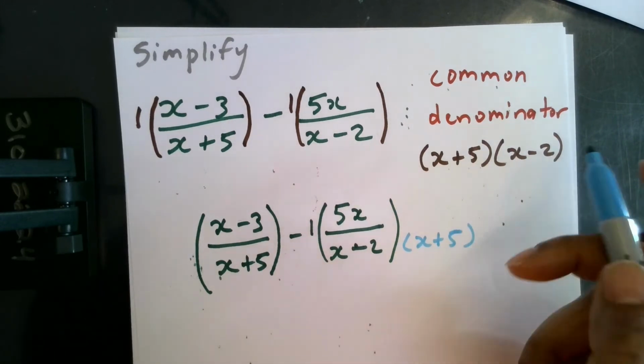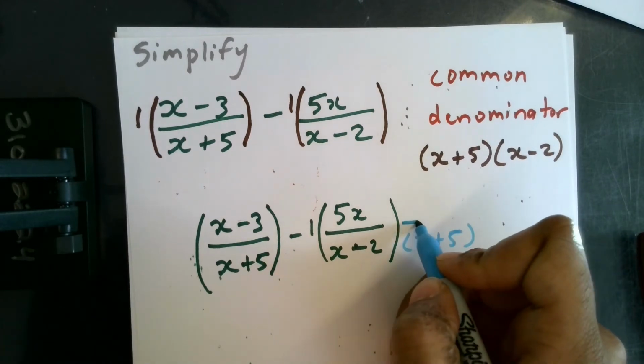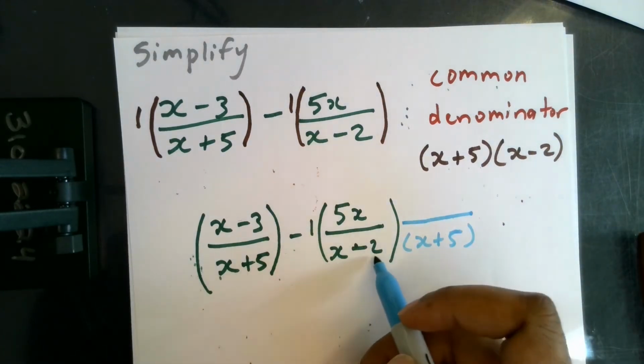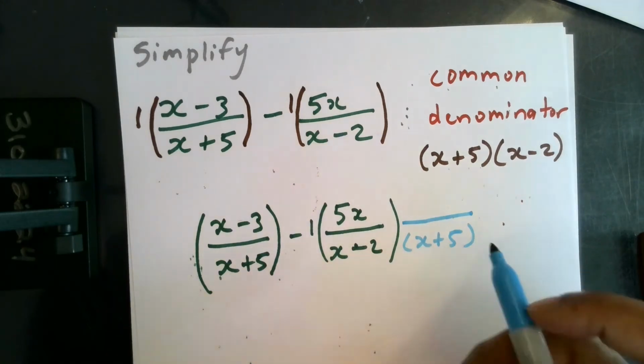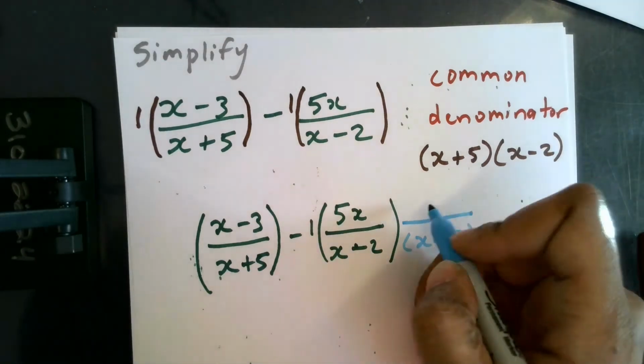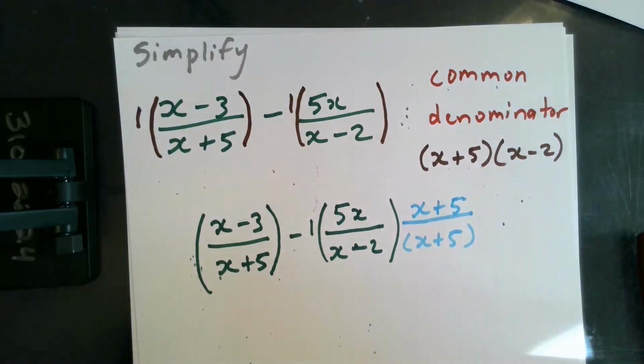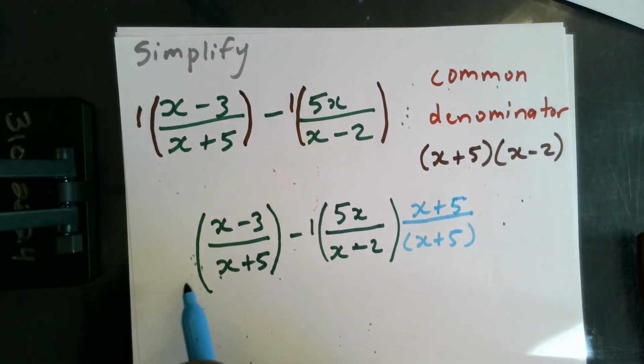Okay. And since I'm multiplying the denominator by x plus 5, I need to do the same for the top as well.